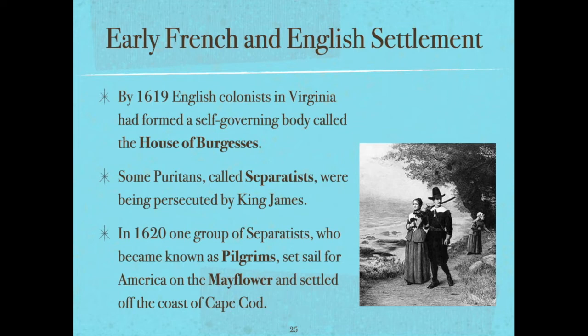Some Puritans, called Separatists, were being persecuted by King James. In 1620, one group of Separatists, who became known as Pilgrims, set sail for America on the Mayflower and settled off the coast of Cape Cod.